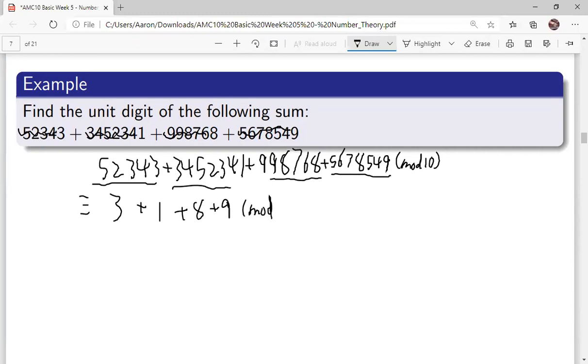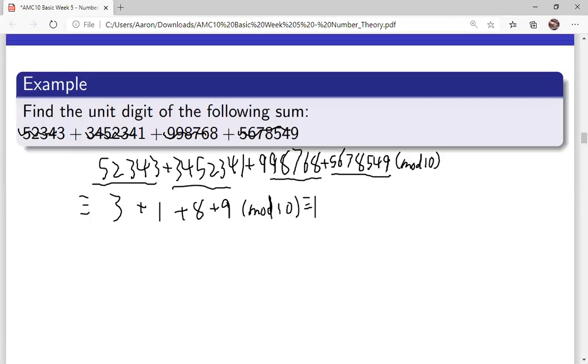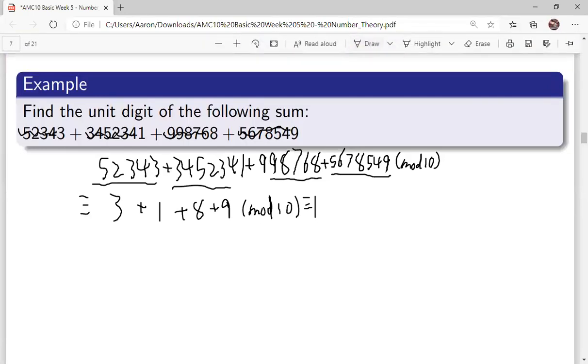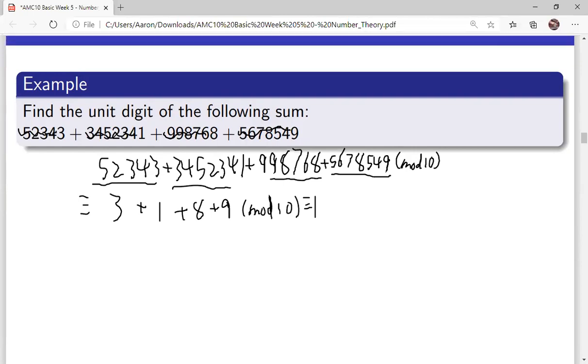So 3 plus 1 plus 8 plus 9 mod 10 is congruent to 1, and that means that the units digit of this sum is 1. Are there any questions?